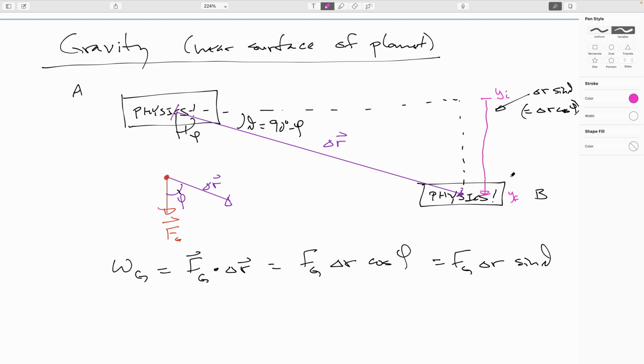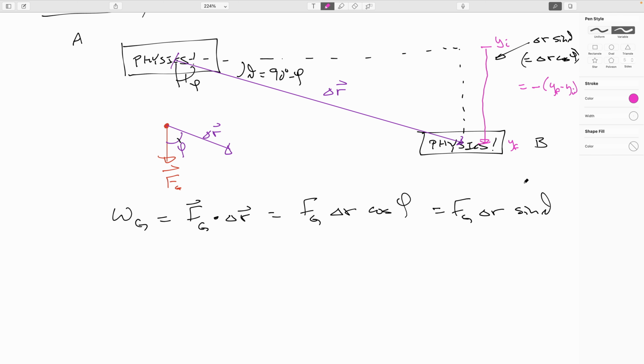The way I've got it dimensioned here, and I promise it works for all possible cases, this is going to be equal to, I want to write it as a delta y, so y final minus y initial, but that would give me a negative number, so I have to put a minus sign there.